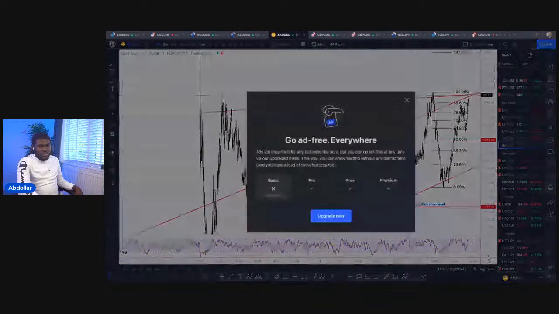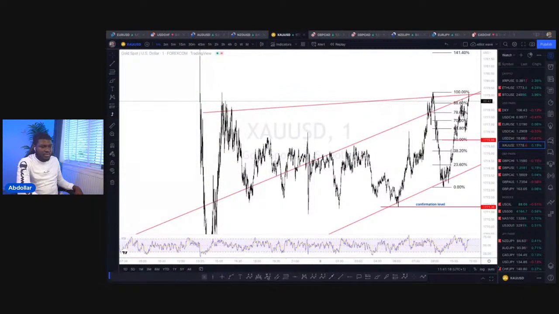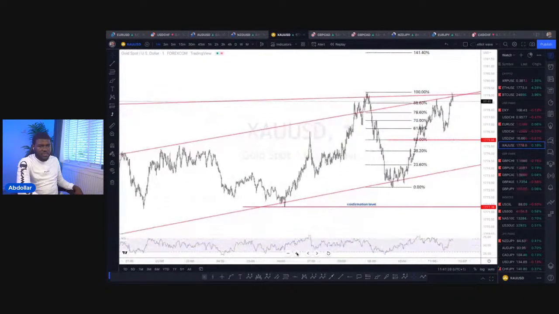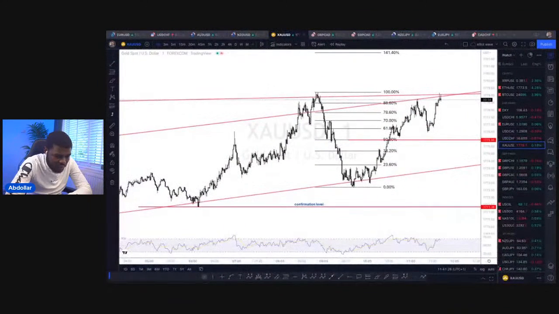Let's check gold. Gold has been so stubborn, anticipating a fall, but it has failed to do that. Let's see what we have right there on gold.